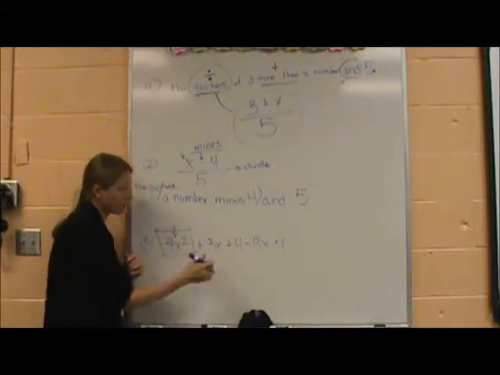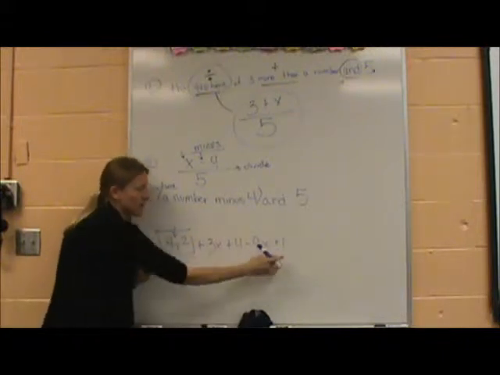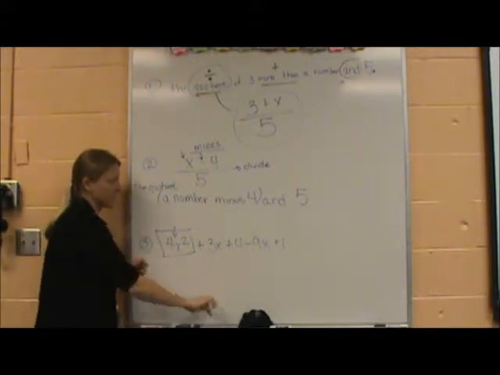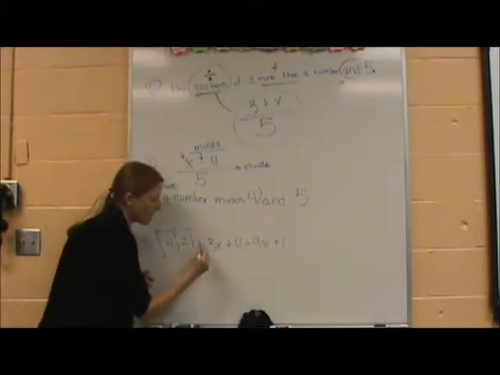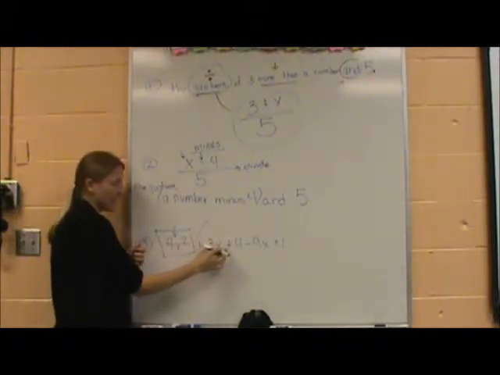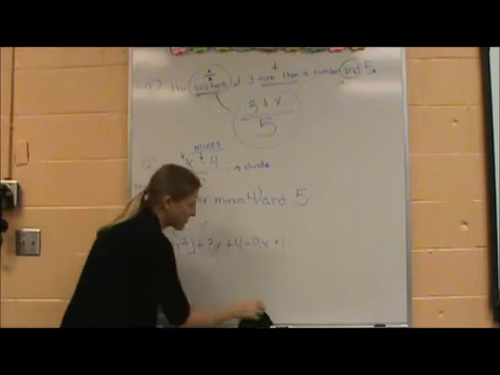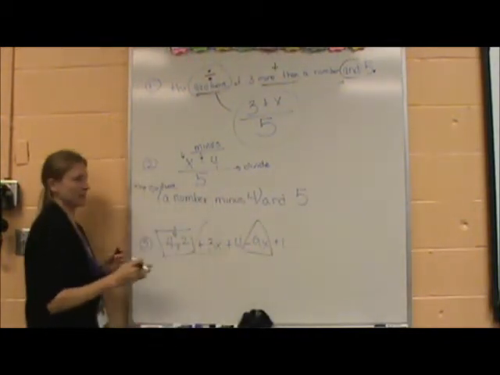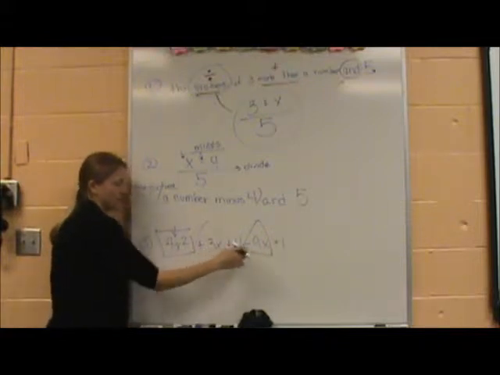I have an x squared. I do not have another x squared over here. I'm going to put a box around it. I have a 3x, and I'm going to put a triangle, and 3x has one that is exactly like that, a minus 9x. They are alike.